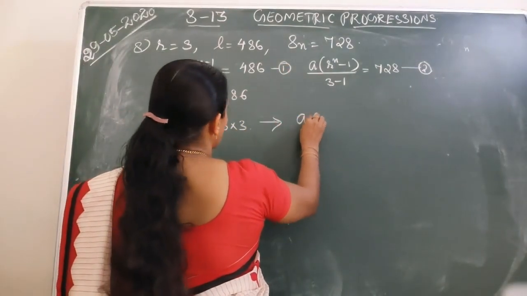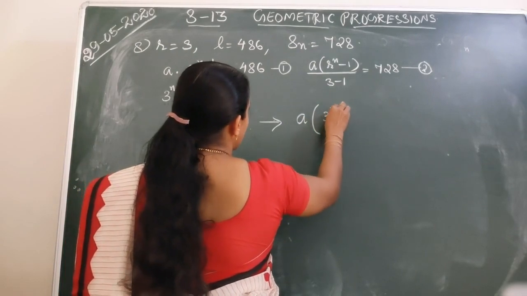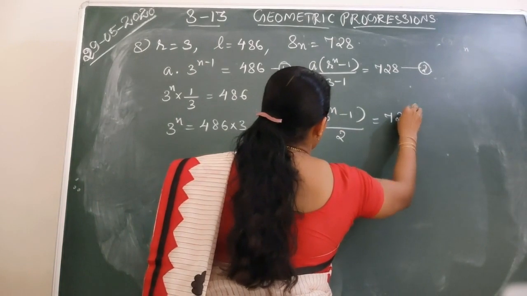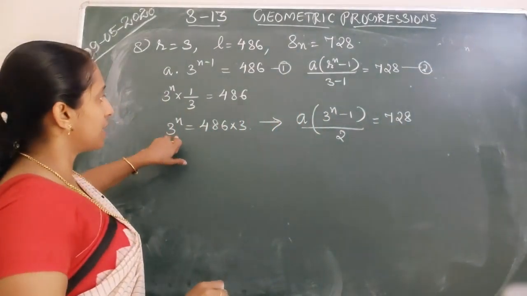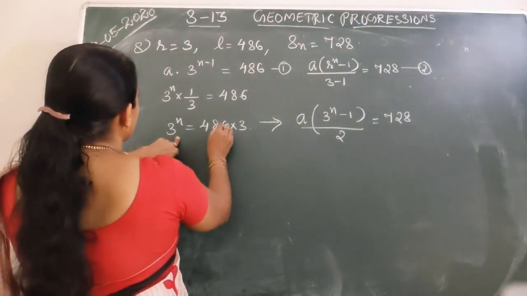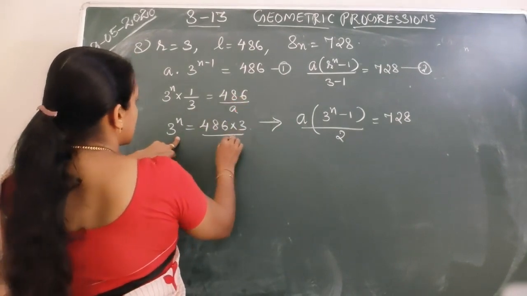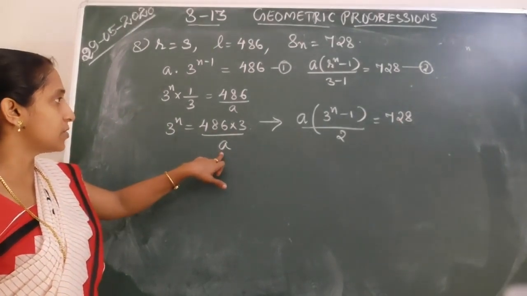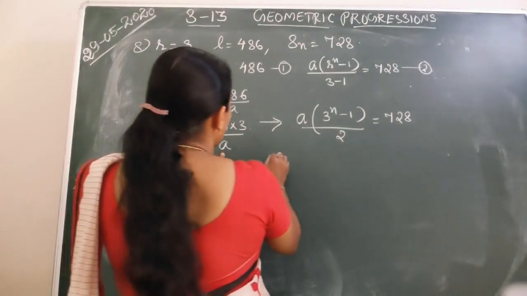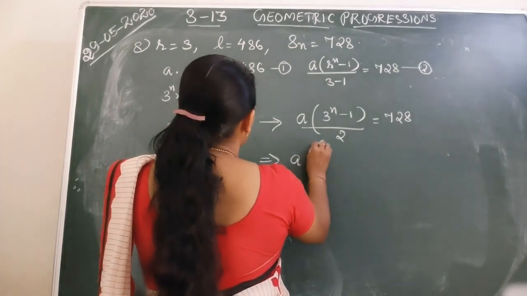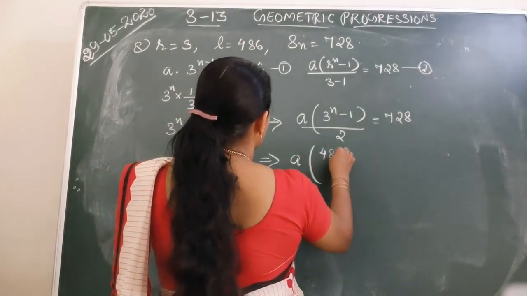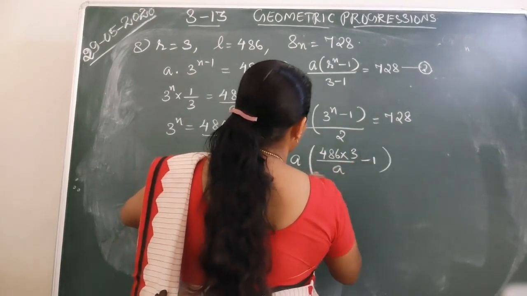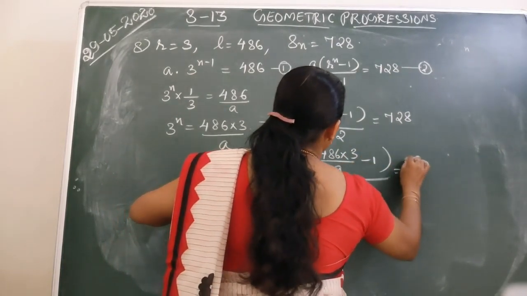A into 3 to the power n minus 1 upon 2 is equal to 728 and 3 to the power n value you got as 486 into 3. So A into 486 into 3 minus 1 divided by 2 is equal to 728.